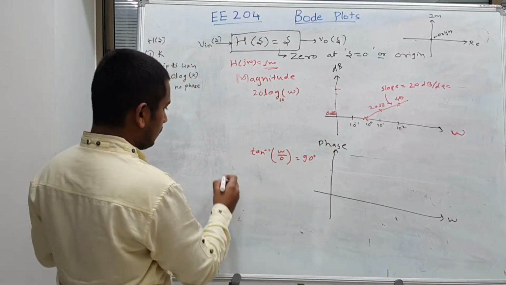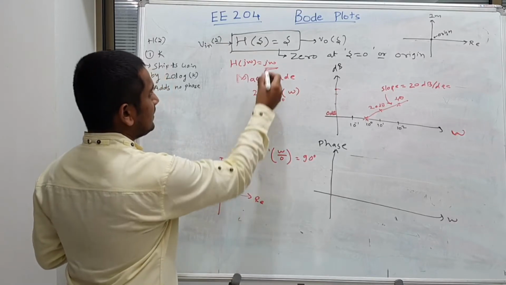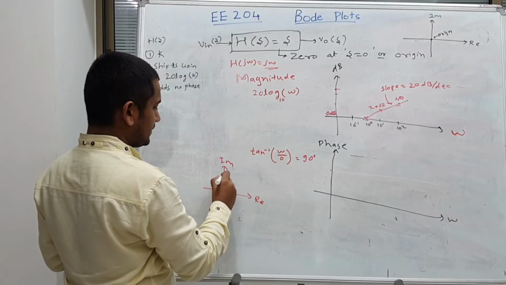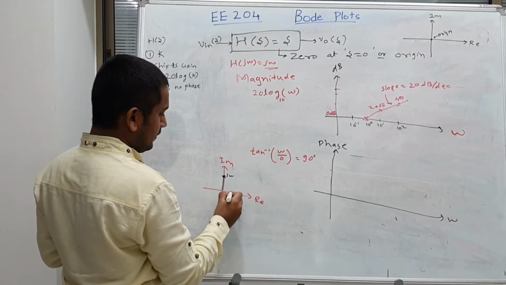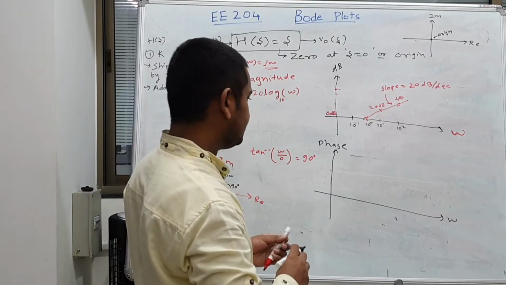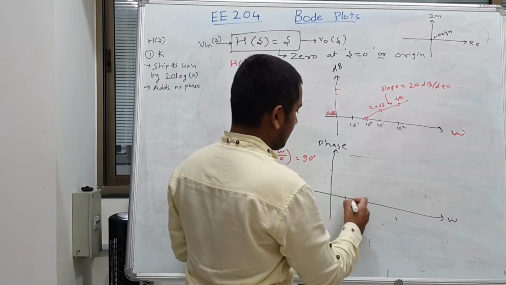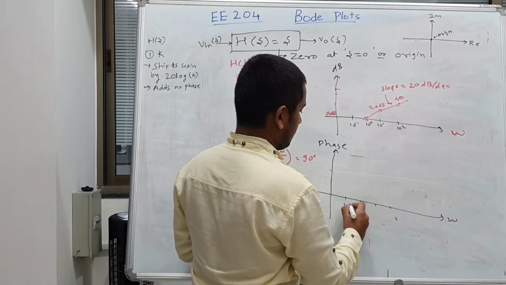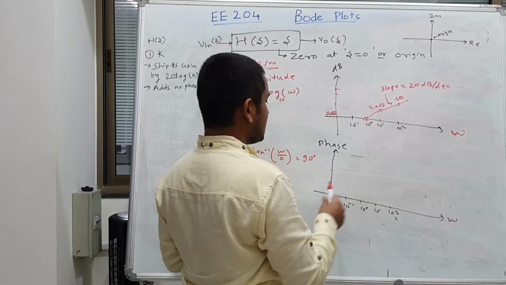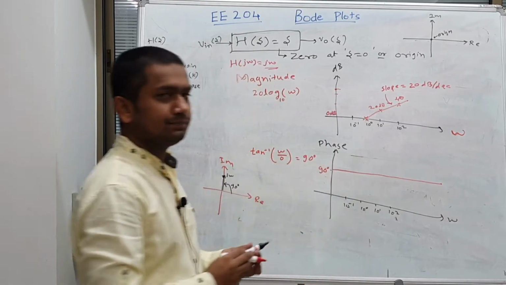We can also draw the complex plane and verify that j omega lies somewhere here on the j omega axis, the imaginary axis, which is making an angle of positive 90 degrees with the real axis. It means that irrespective of frequencies, the phase added by the system is 90 degrees.